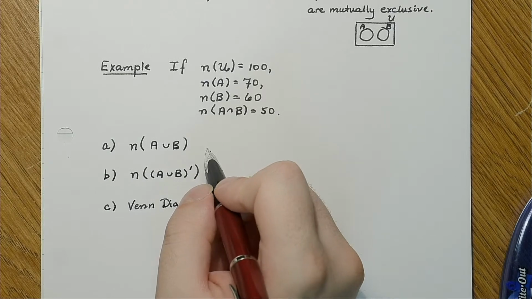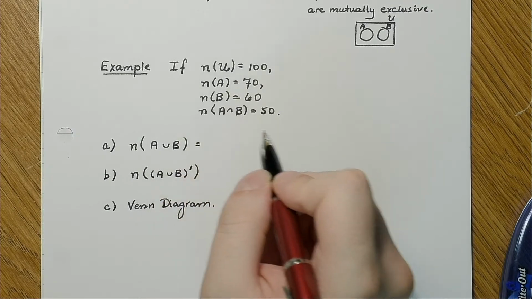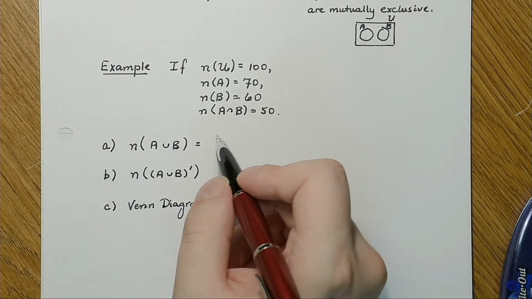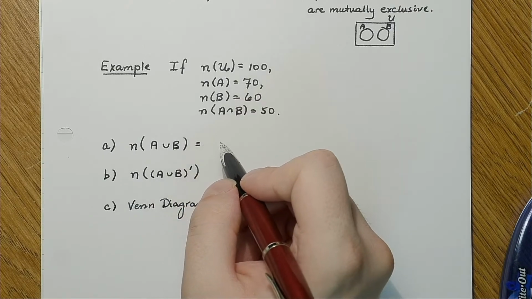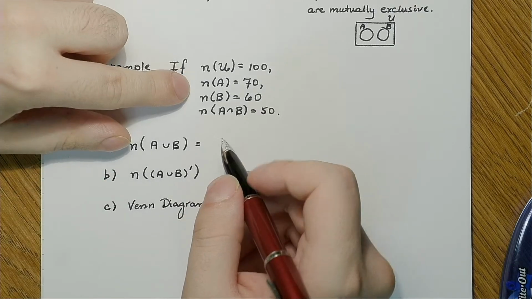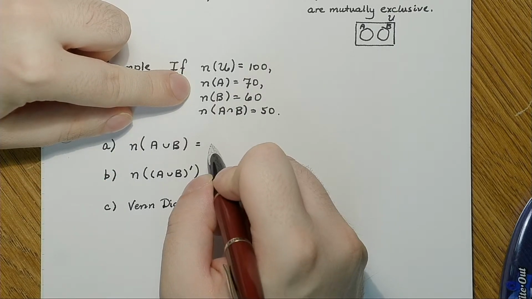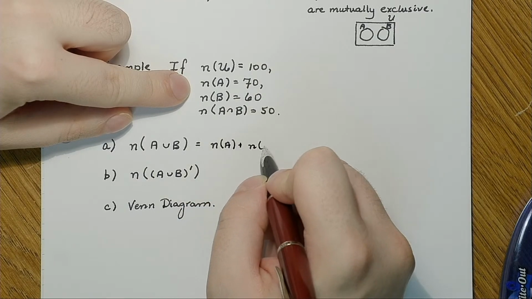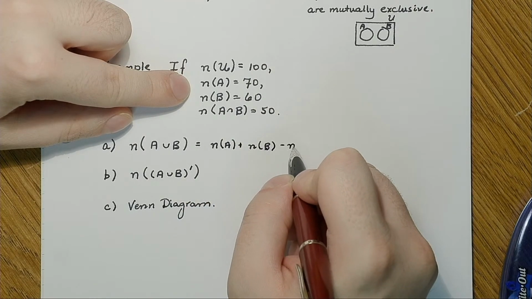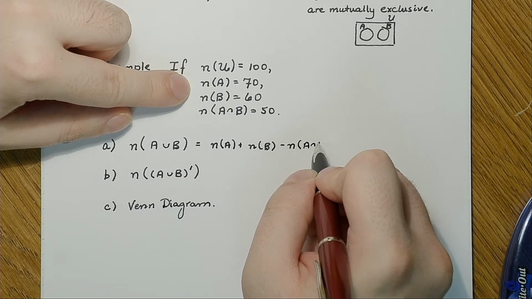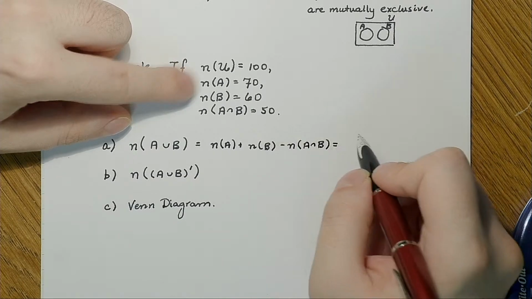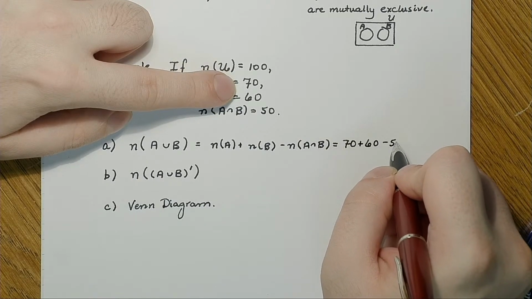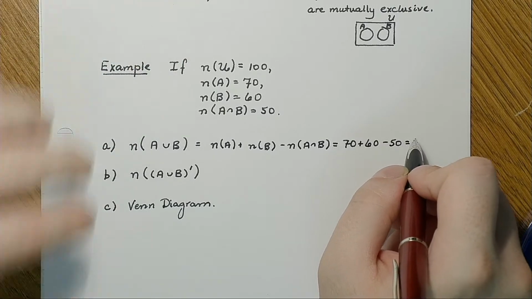So starting with this, we can use our principle of inclusion-exclusion. So again, we have the number of elements in A, the number of elements in B, minus the overlap. So that means that I have 70 plus 60 minus 50, which gives me 80.